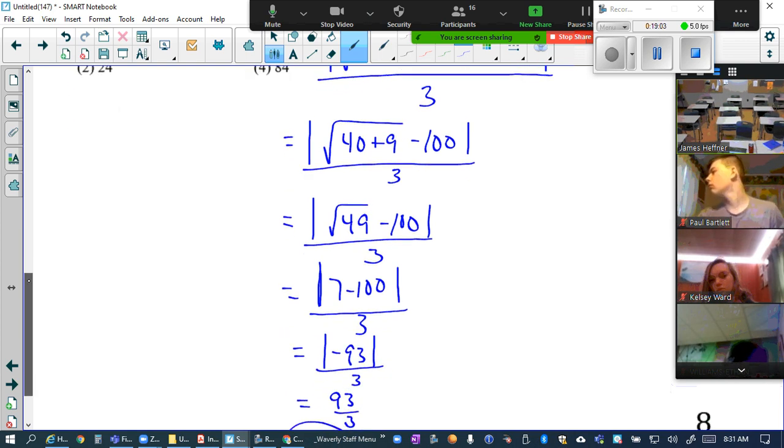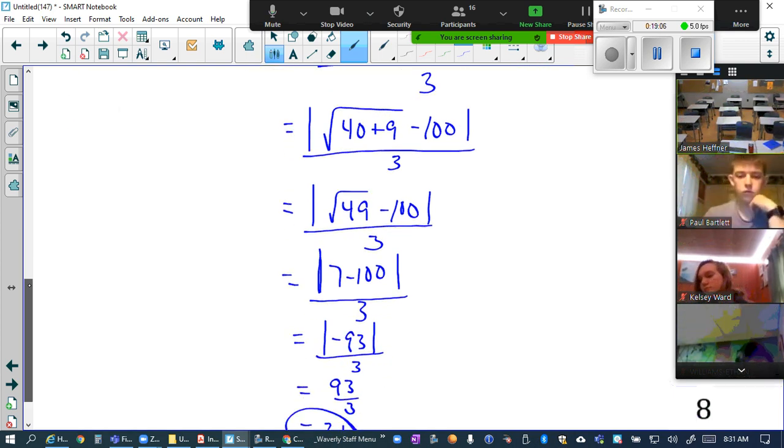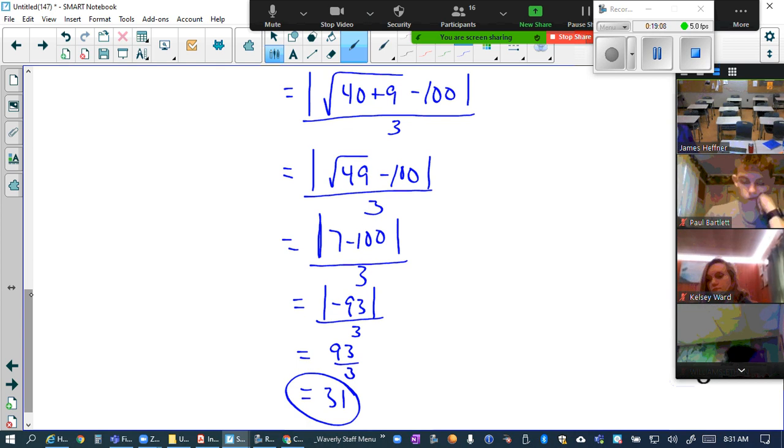Does anybody have any questions on that example? Okay? And again, at some point, make sure you're fluent at this. You're not going to have to show every single little kid step here, right? Eventually you could just do this square root of 40 plus 9 in your head and just call it 7, and skip down to the next step, okay? And we'll all know what you did, assuming we're fluent in it.